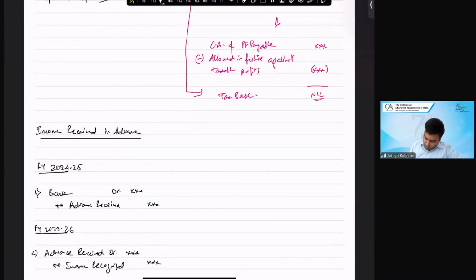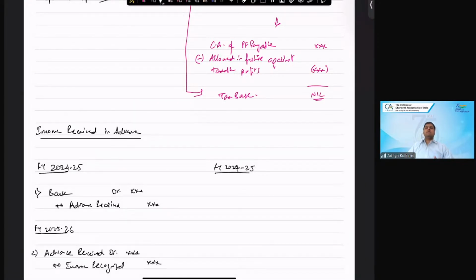Now, for tax purposes, let us assume that this is a revenue or this is going to be an income that is suffering tax when it is received or accrued, whichever is earlier. Do you agree?